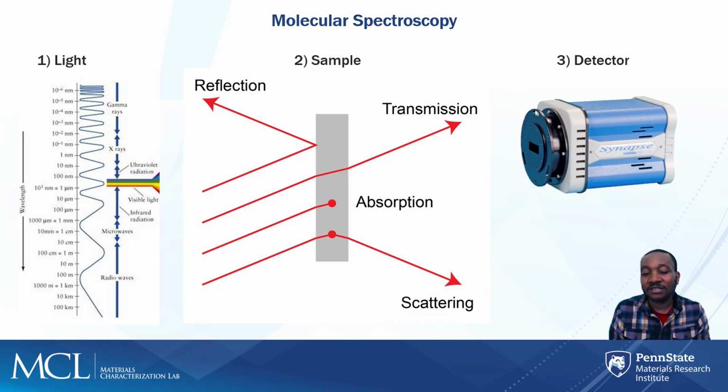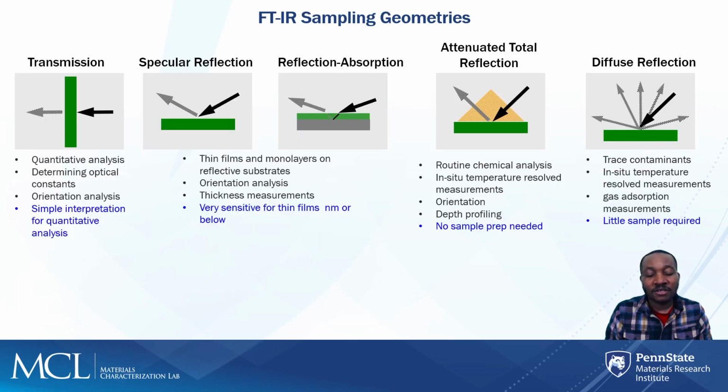or whether it's reflected. And we get all sorts of information from that reflected or transmitted light that comes out of our sample. There are several ways that we can place our sample in the path of the infrared light. The simplest, most straightforward way is a sampling geometry known as transmission.